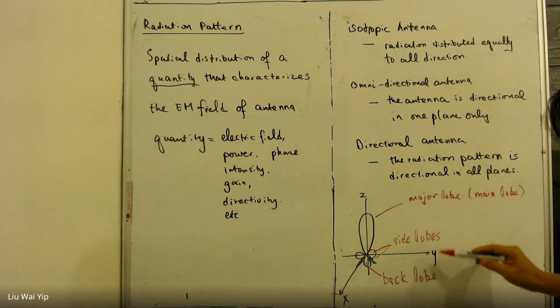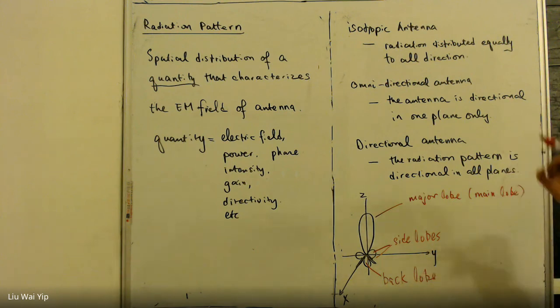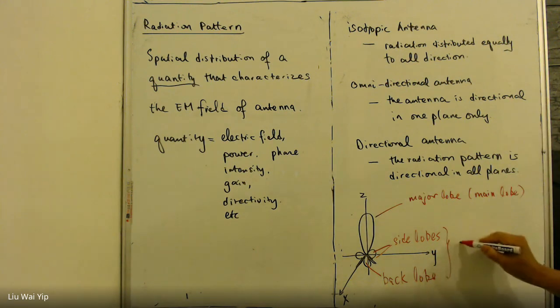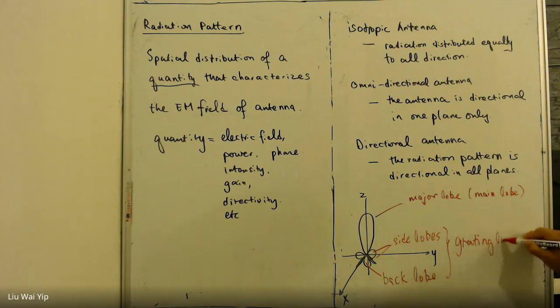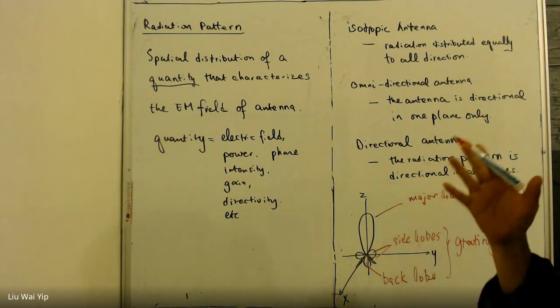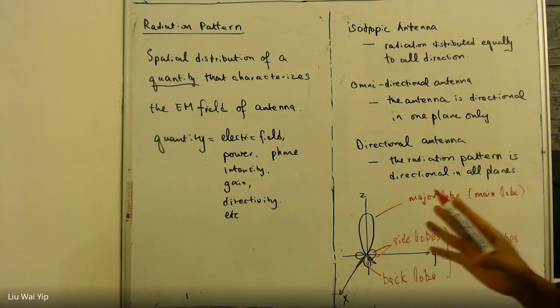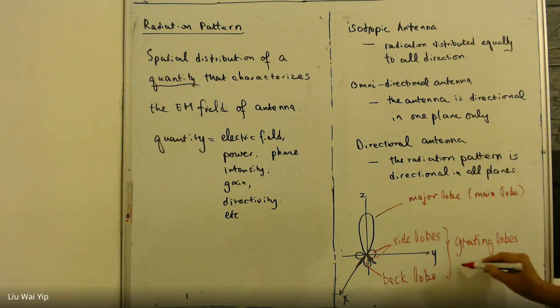And the side lobes together with the back lobes are the so-called grating lobes. So what are grating lobes? Grating lobes are the lobes pointing to unwanted directions.